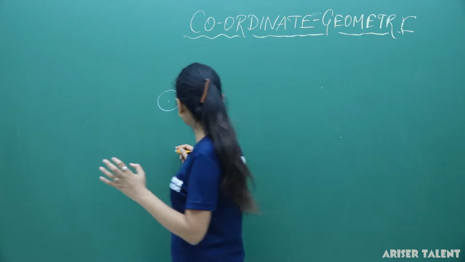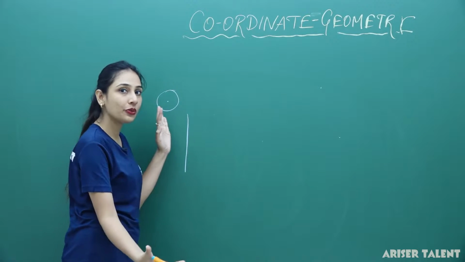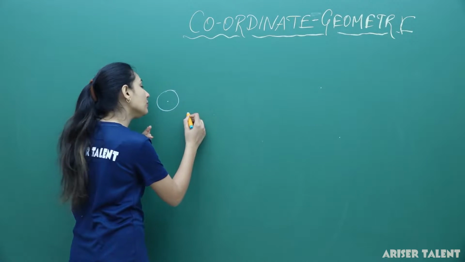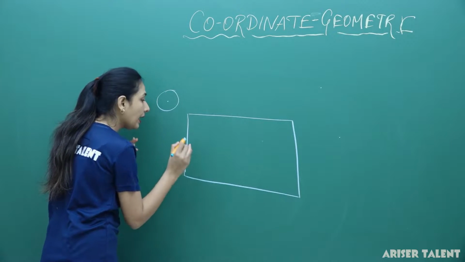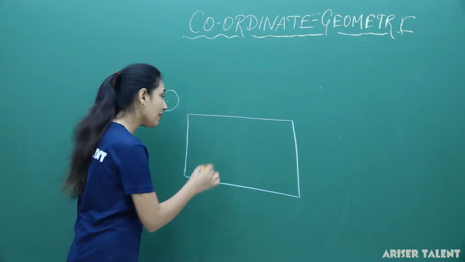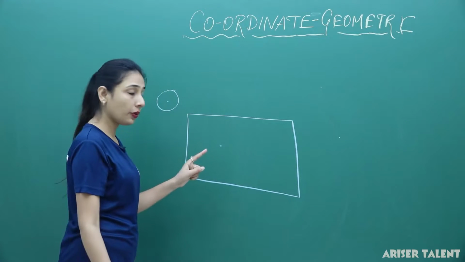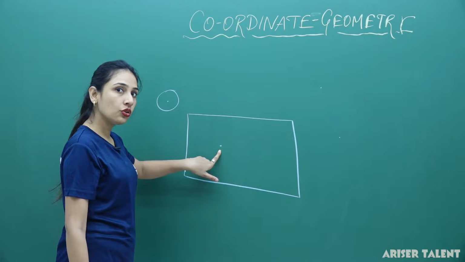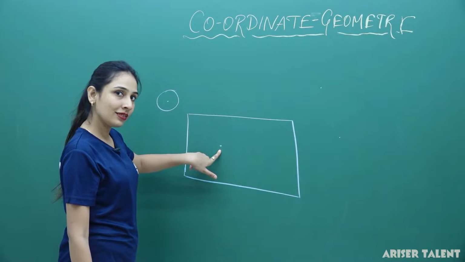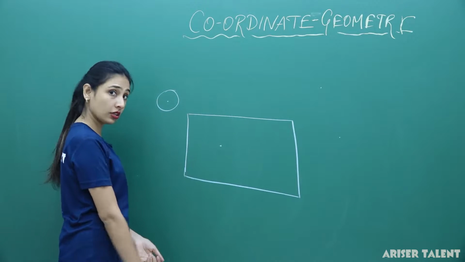Okay, let's suppose this is our green board, because my complete board is not visible to you, right students? And on our green board I'm having a dot. Visible to you? Now I'm talking about its location. You can say, ma'am, can we take this corner?